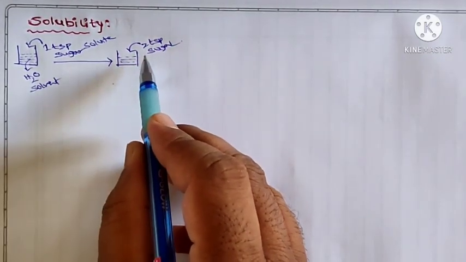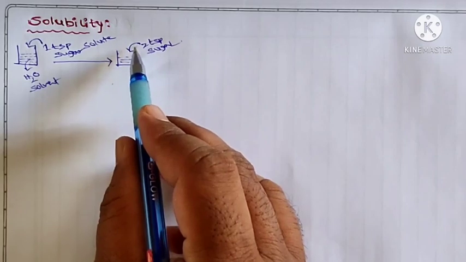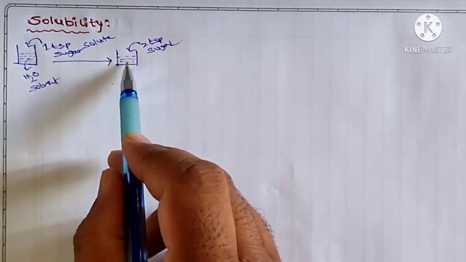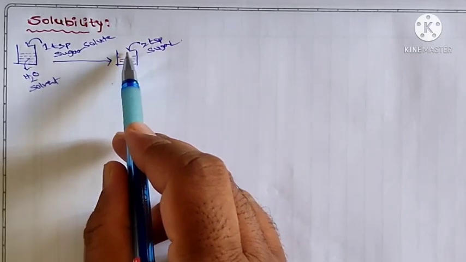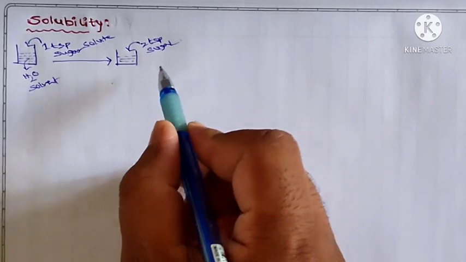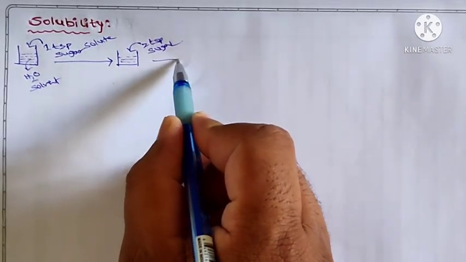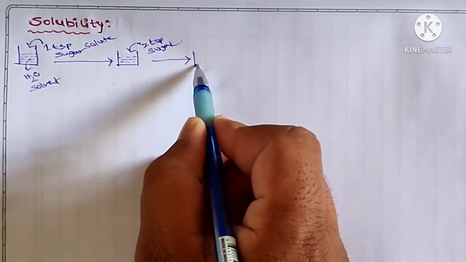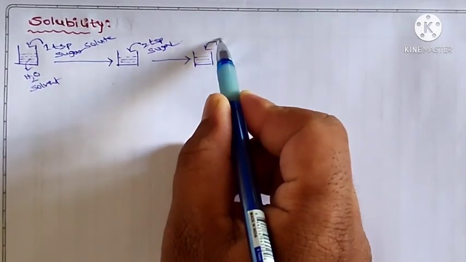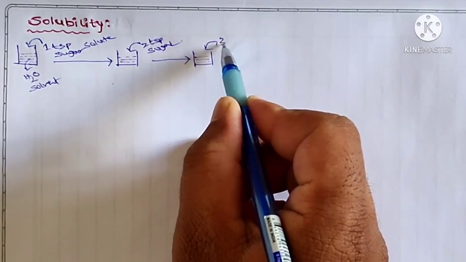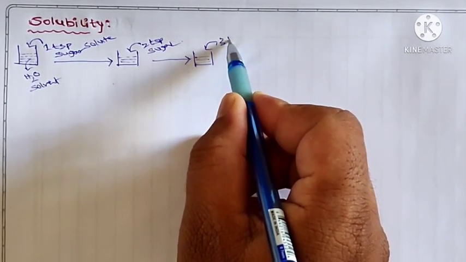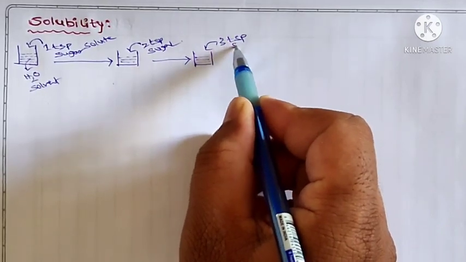So that second teaspoon of sugar also dissolved in the water. Means here one more teaspoon of sugar also dissolved in that water. And if I take one more teaspoon of sugar, means in this we have 3 teaspoons of sugar.